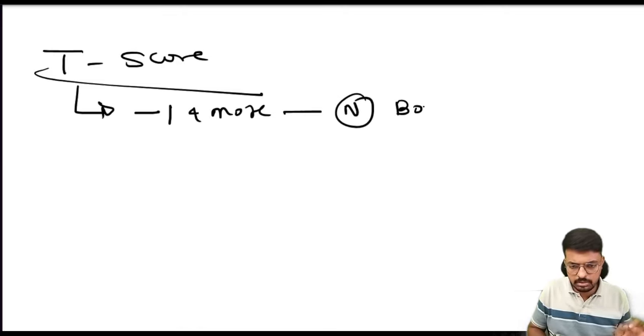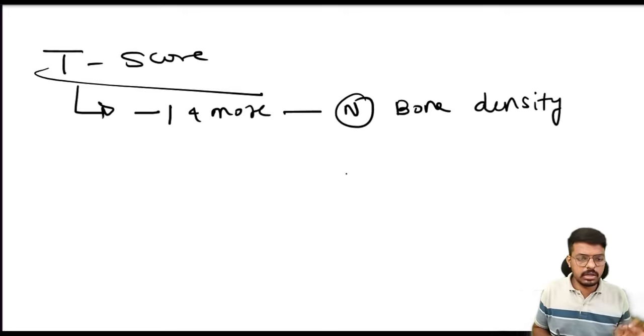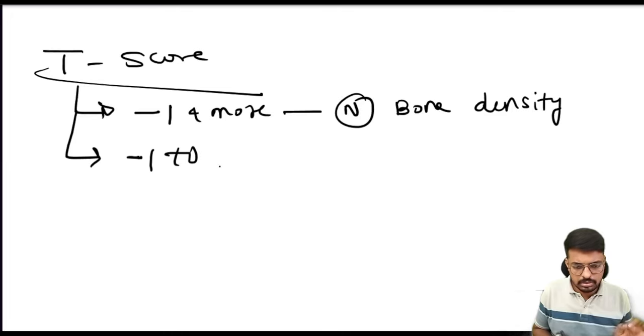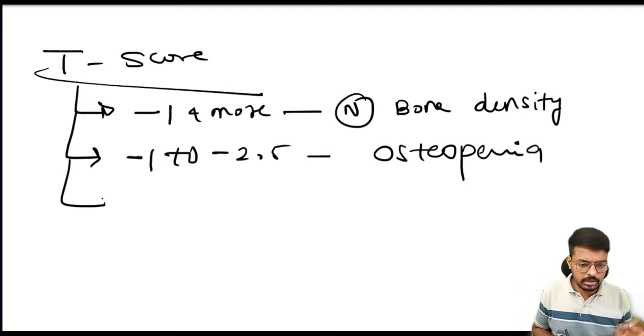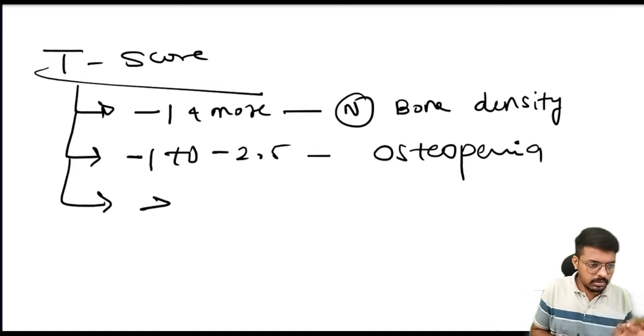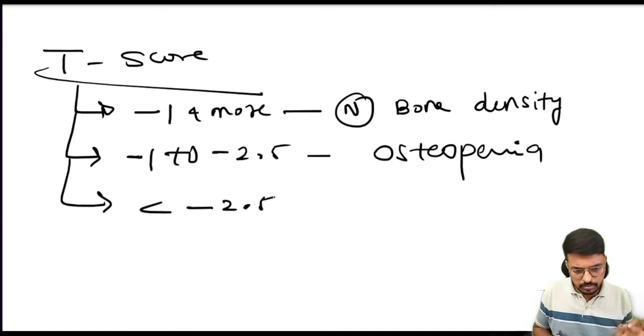If the value is between -1 and -2.5, it indicates osteopenia. If it is less than -2.5, it indicates osteoporosis.